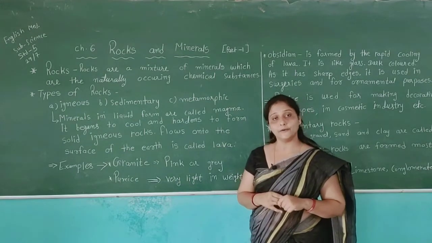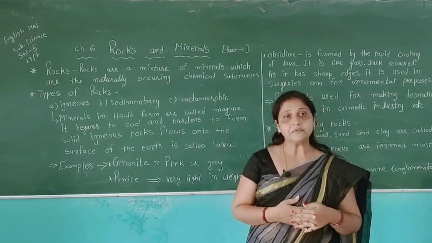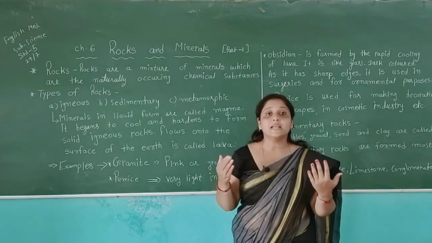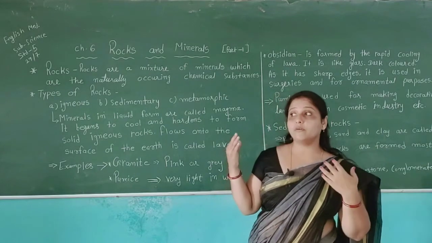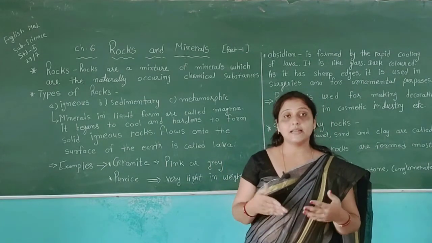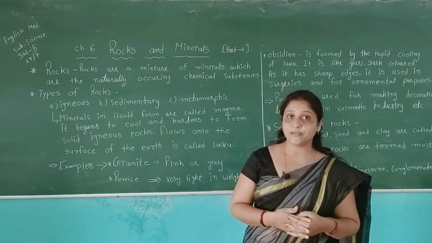This is called rocks. So students, in our previous sessions, we discussed different types of plants, how we can get food from plants, and how food is useful to our body for getting energy.